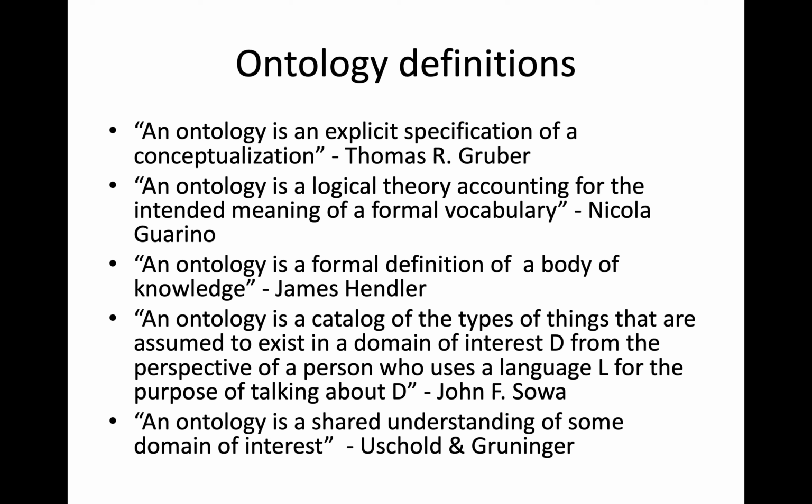So let's define it. An ontology is a logical theory accounting for the intrinsic meaning of a formal vocabulary. During this process, we specify the actual words or vocabulary that we are going to use to explicitly represent some concept, and we stick with them.